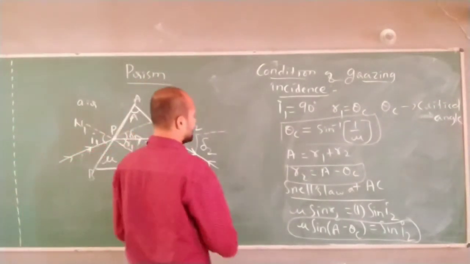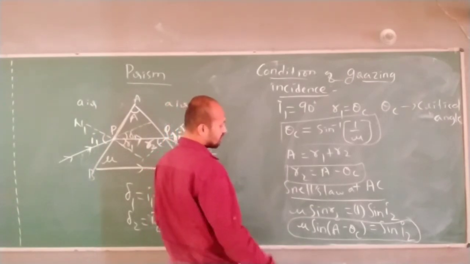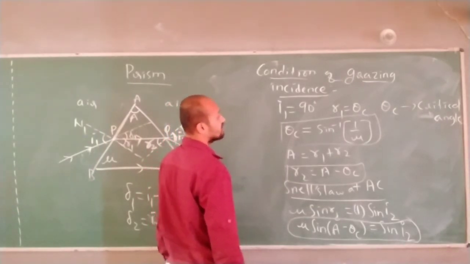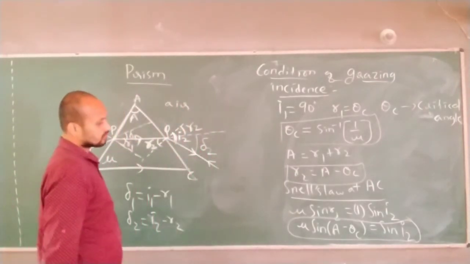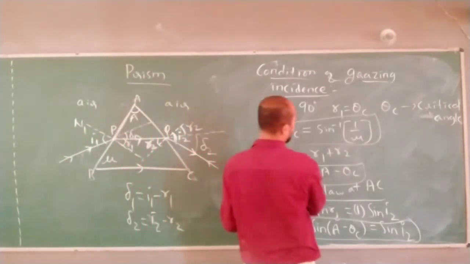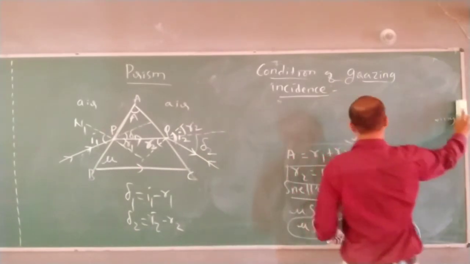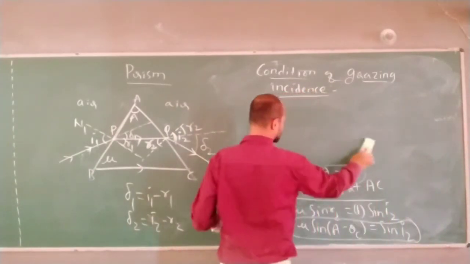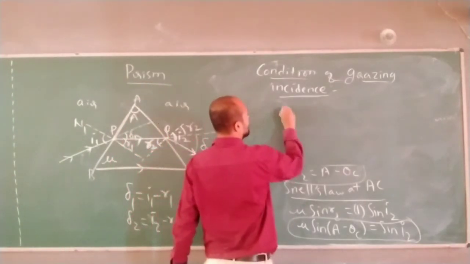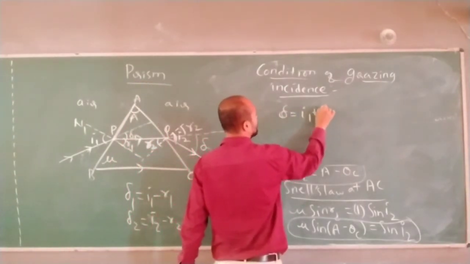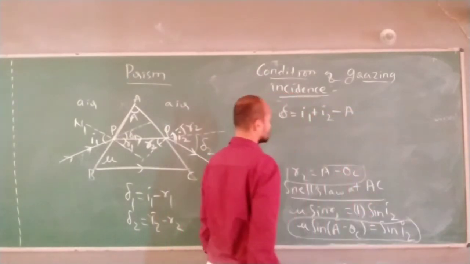If I talk about deviation, what will be the deviation then? Delta is equal to I1 plus I2 minus A. Correct?